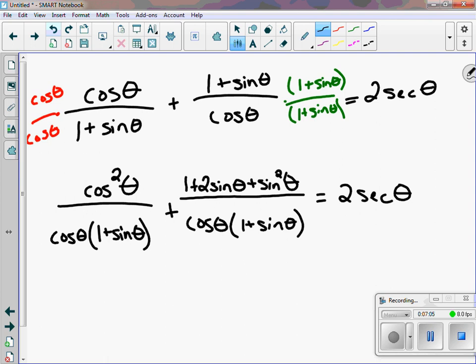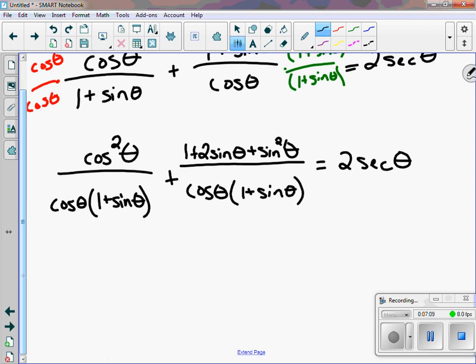It's not that bad. So if I combine now, I can add the top now. Remember when you're adding fractions, you add the numerators, but you don't add the denominators. The denominators stay the same. Well, if I have a cosine plus a sine in terms and they're both squared, cosine squared plus sine squared equals 1.